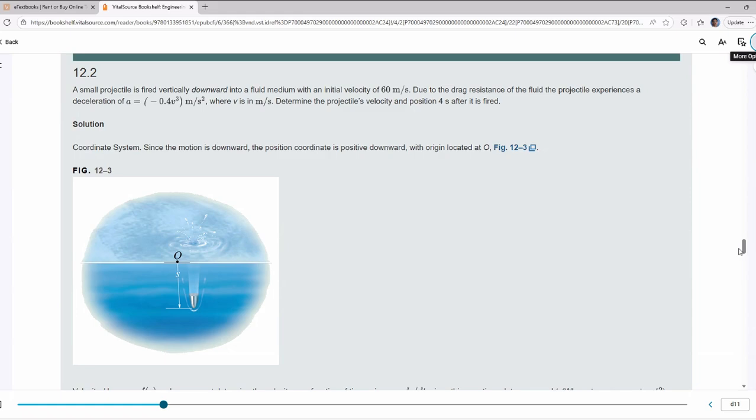Okay. Coordinate system: since motion is downward, we say downward is positive. All right. At the surface, we set up the origin. Now, acceleration. Acceleration is the derivative of velocity with respect to time t. Okay, start off with the definition of acceleration.